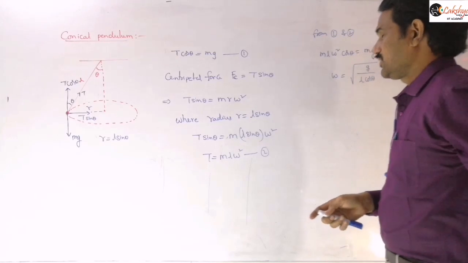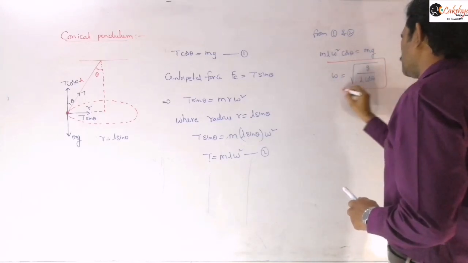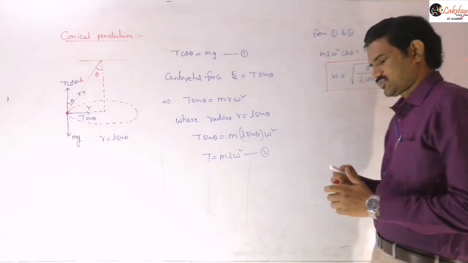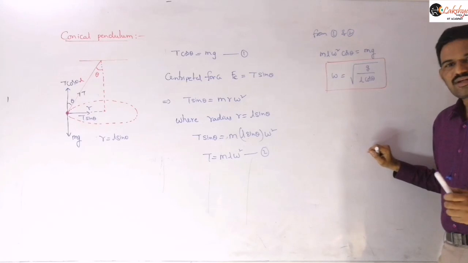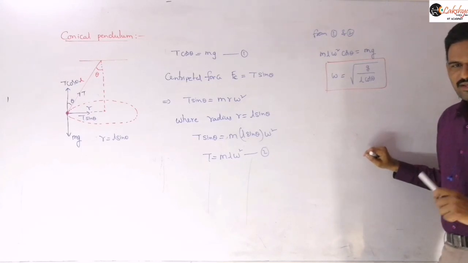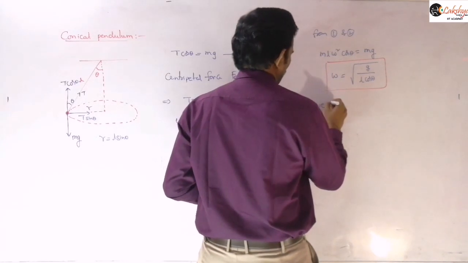Sometimes we need to find the time period of oscillation here. So for the time period of oscillation, we need the relation between the time period and omega.